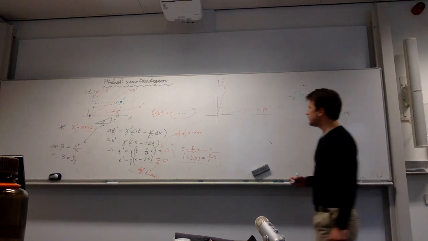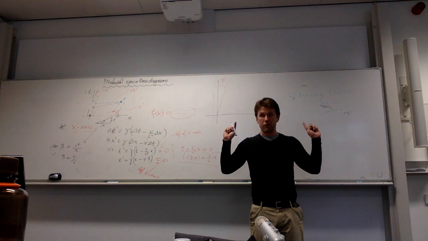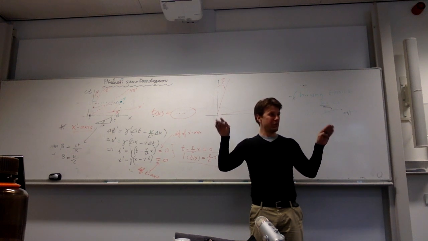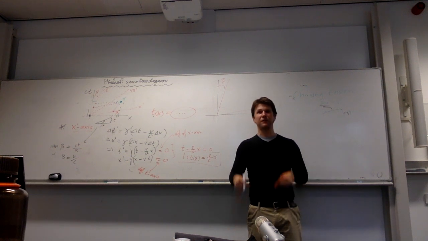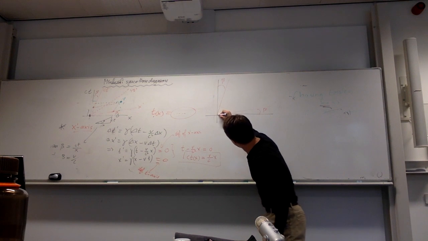So I'm going to draw a stick, and I have to make a choice somewhere. I'm going to choose that it is at rest with respect to the black frame. In the situation with the farmer's wife, the black one is the farmer's wife frame. Here's the stick.